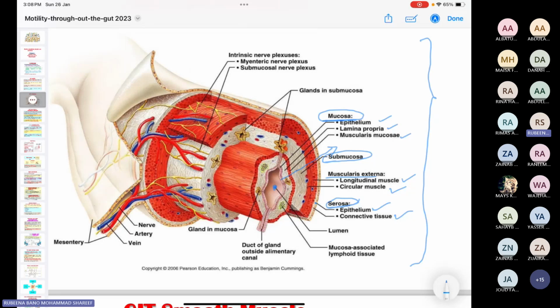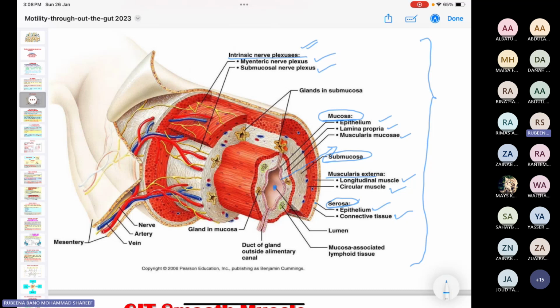Apart from these layers, you should know about the plexus. Very, very important from exam point of view. Plexus. So it has got intrinsic nerve plexus, which are of 2 types: myenteric plexus and the submucosal plexus, right?